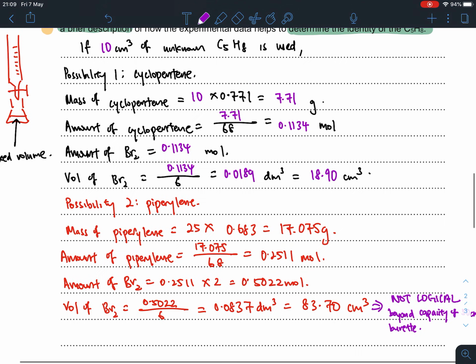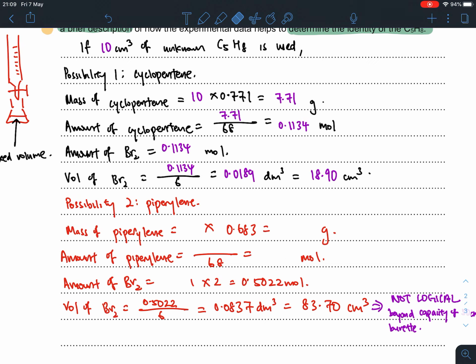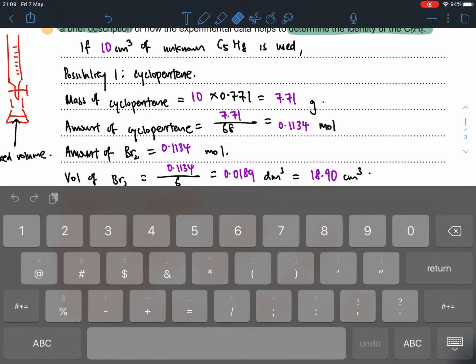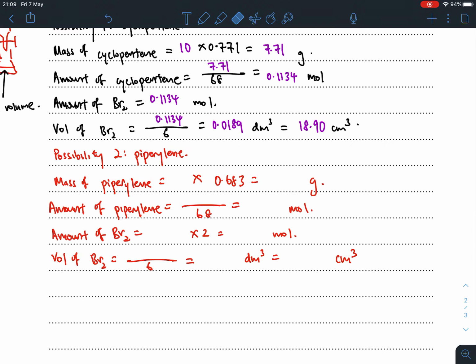Okay, so for cyclopentene, if it's 10 cm cube, you would be using 18.9 cm cube of Br2 at the end point. So I'll do the same to change that for piperylene. Okay, so insert the 10 cm cube as well, and we'll see what happens.